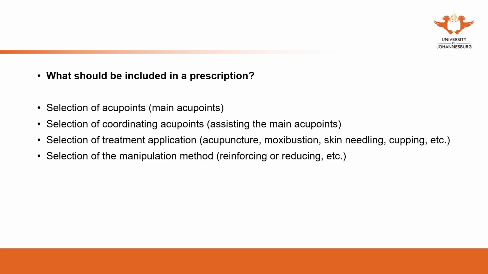You also need some points that can support the dominant points. In order to determine the main points, you need to identify the dominant cause. So the main points are used for the main cause, the root cause, or the most acute symptoms that you want to relieve, the dominant conflict of that situation.